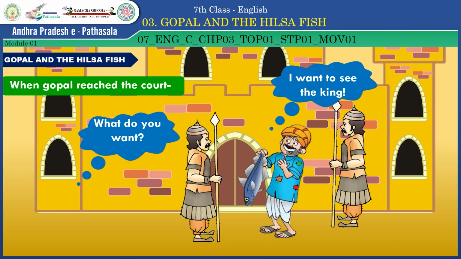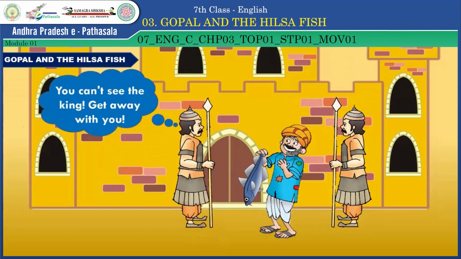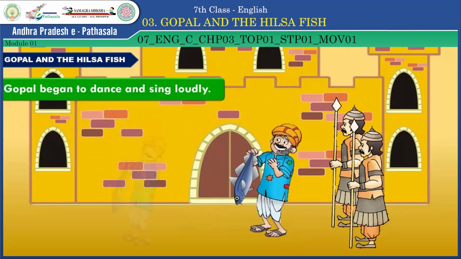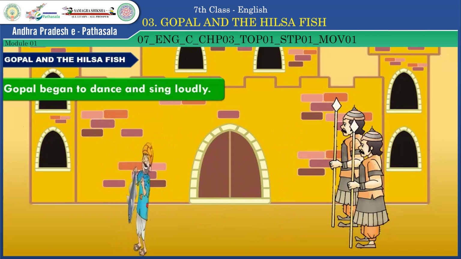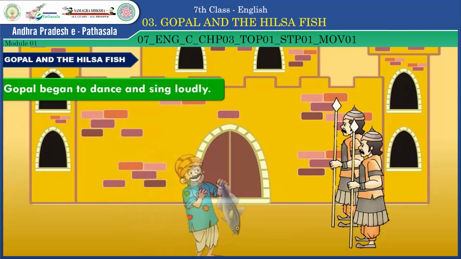When Gopal reached the court, "What do you want?" "I want to see the king." "You can't see the king. Get away with you." Gopal began to dance and sing loudly.